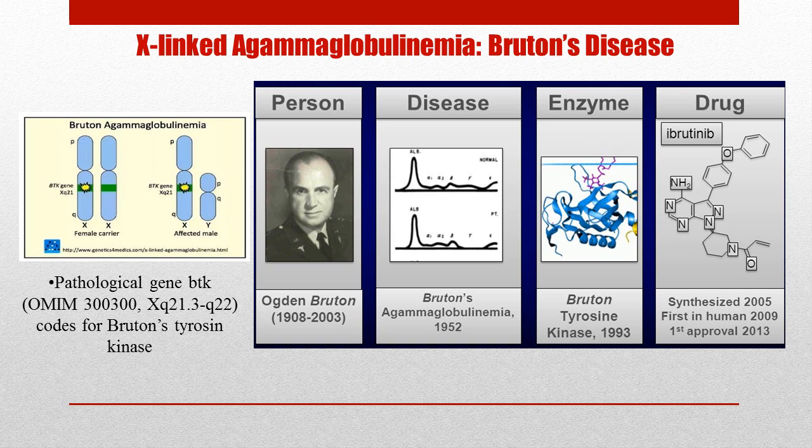It is characterized by failure of pre-B cells to differentiate into B cells. In this disease, B cells and plasma cells are absent or decreased in the circulation, and serum levels of all classes of immunoglobulins are depressed.